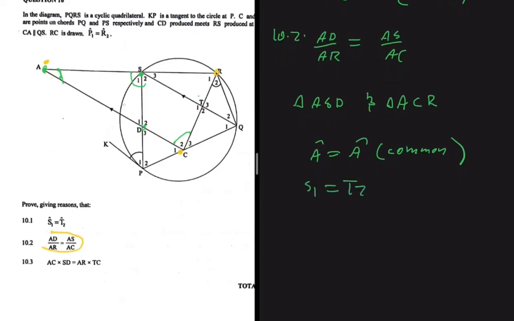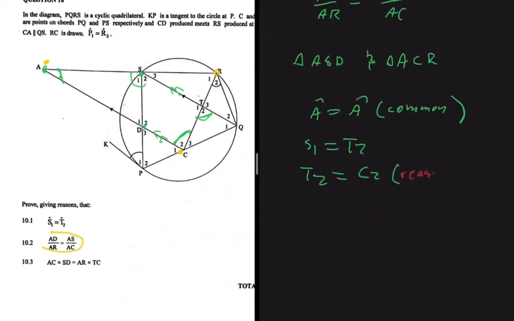But then, since these two lines here are parallel to each other, T2 should be equal to C2, right? Because they are, is it called alternate, corresponding? I forgot the name, but it's called something. We know that C2 is equal to T2, and you're going to give that reason there. There's some reason why T2 is equal to C2. It's because of the parallel lines for sure, but there's a specific name for the reason.